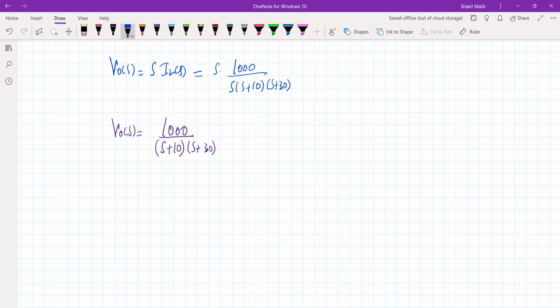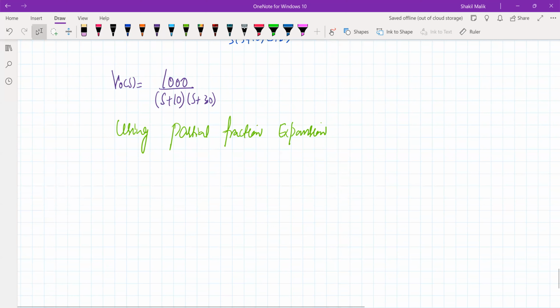So using partial fraction expansion, we have v naught of s will be simply a by s plus 10. Let me use a instead of a1. Let me call it a.